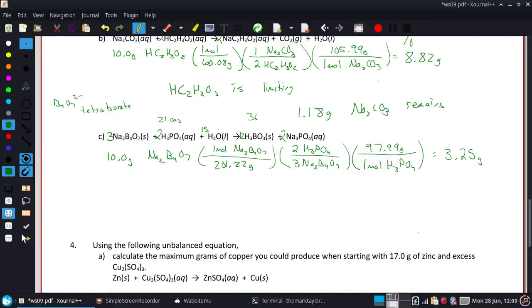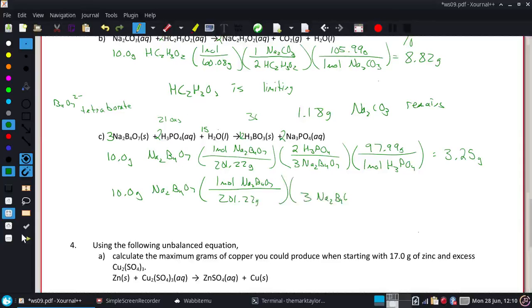So now I want to figure out between the sodium tetraborate and the water, which one's limiting. So I'm going to do the exact same calculation again. Here I'm going to say for every 3 of the sodium tetraborates, we need 15 waters.